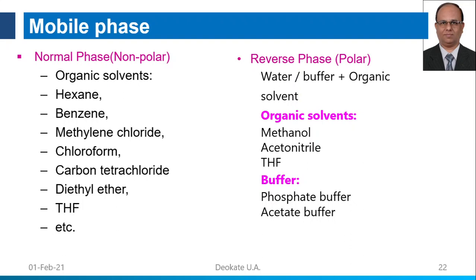The mobile phase is a composition of organic and aqueous phases. For the aqueous phase, we have water or a buffer system, and the various organic solvents used in the mobile phase include methanol, acetonitrile, THF. These are examples of various organic solvents used in HPLC. The buffer includes either phosphate buffer or acetate buffer.